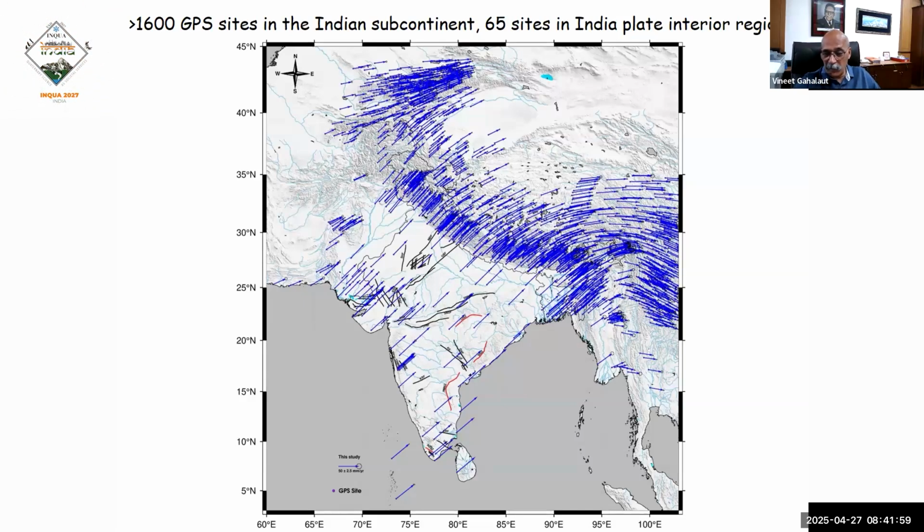For example, the stable continental region of India, because you are looking at signal which could be as large as a fraction of a millimeter. The internal deformation could be less than a millimeter per year, and that's what we are targeting. So for all this, what you need is a permanent station, and you need a longer time series.